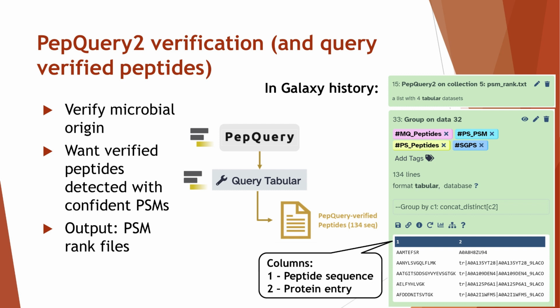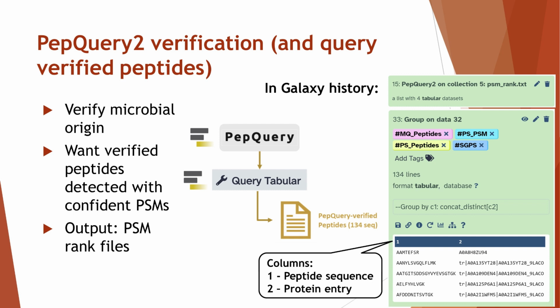The second iteration of PepQuery that we are using here builds upon the initial software by providing a new tandem mass spectrometry spectrum indexing, which results in highly efficient targeted peptide identification.